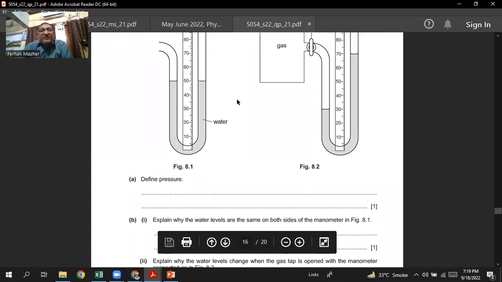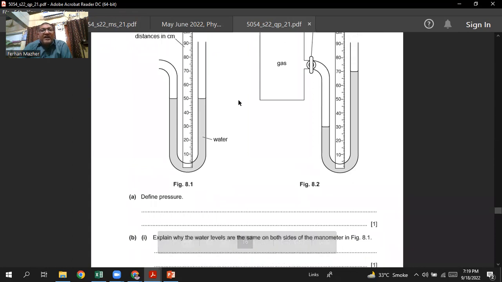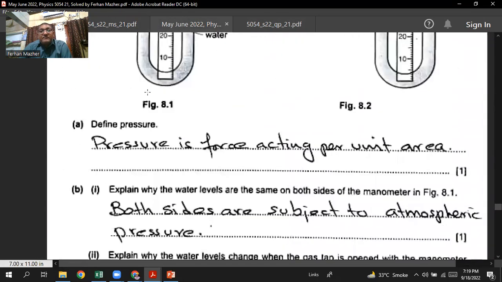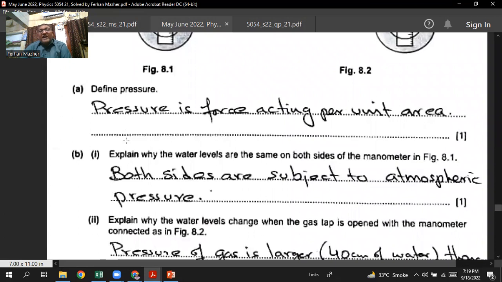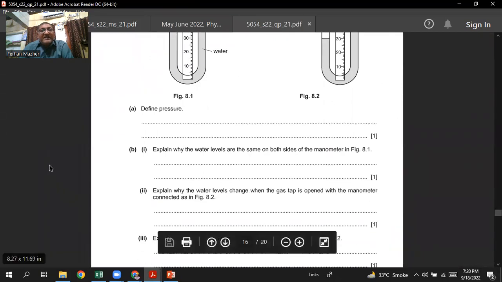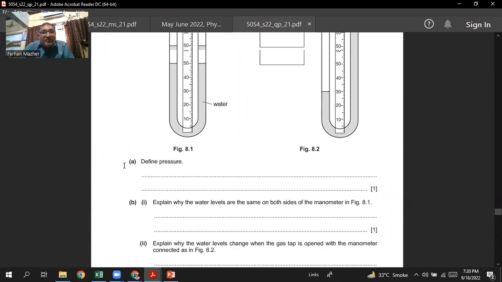So let's see what the question is thrown on us. The first question coming on your screen is, define pressure, and it's a 1 mark question. Pressure is the force acting per unit area. Okay, so 1 mark question, simple and straightforward. Then their question is, explain why the water levels are the same on both sides of the manometer in the figure 8.1.